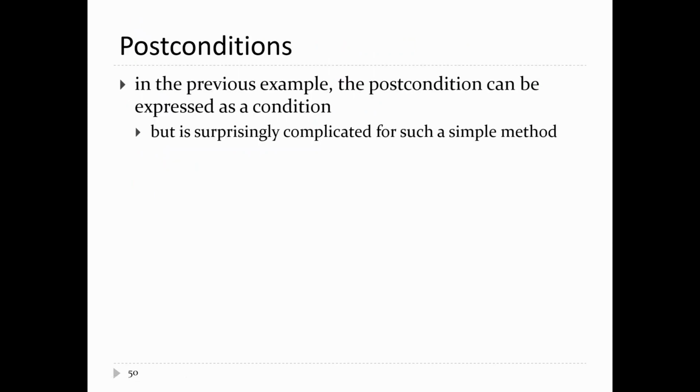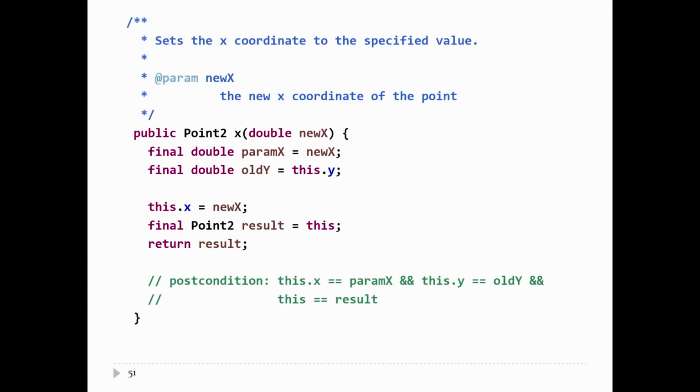So how do you express the postcondition of this method? It's going to be something similar. I'm going to remember what new x is. I'm going to store that as param x. I'm going to remember what the current y coordinate is, so I'm going to store that as old y. I'm going to go ahead and change this x to new x. And then I'm going to remember what the return value is, and then finally, I can return the result.